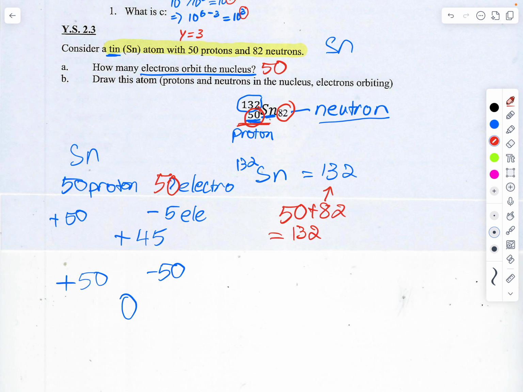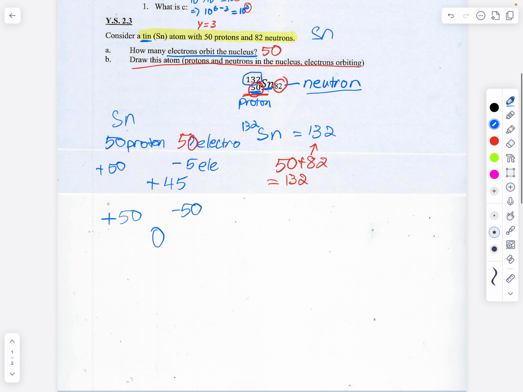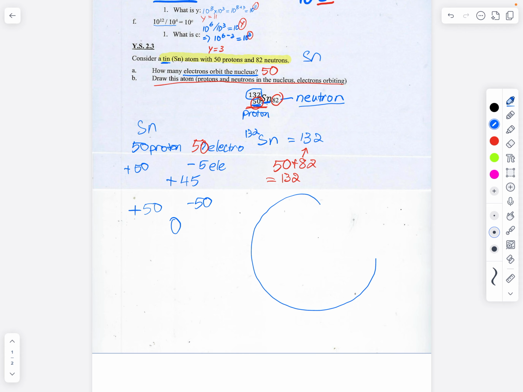Draw this atom. So when they tell you to draw this atom, you don't have to draw 50 protons in the middle and then 82 neutrons in the middle. You can just draw it like this, right?